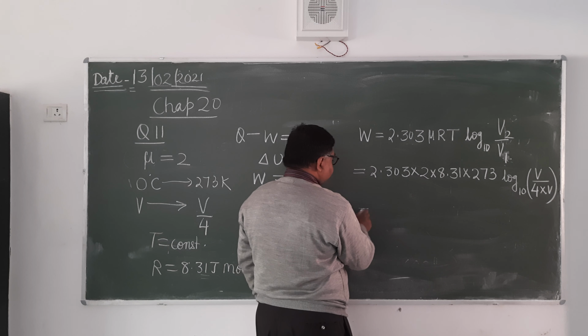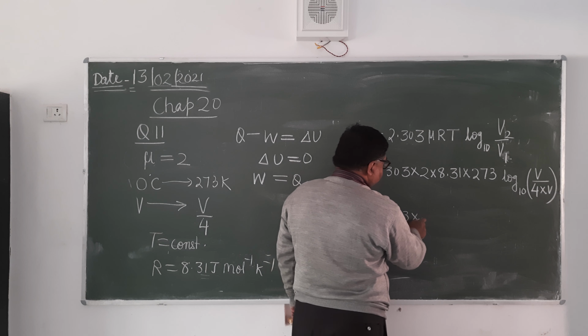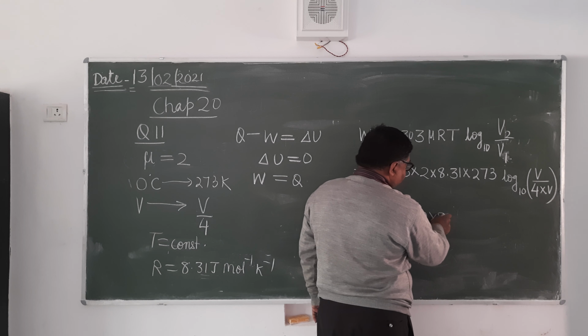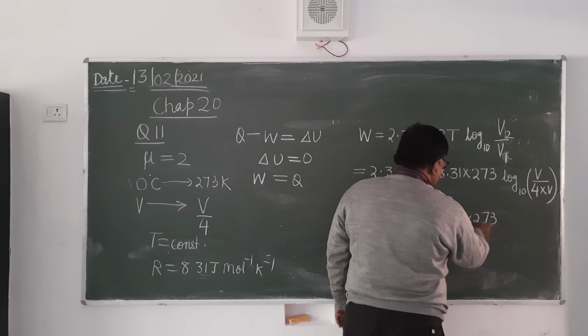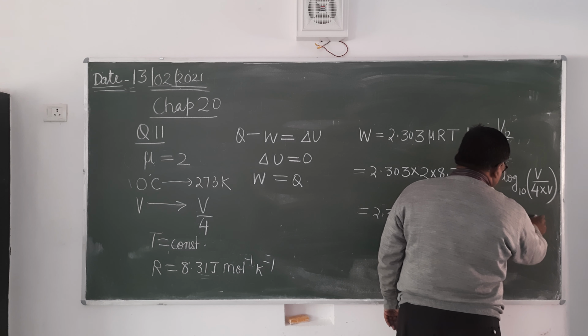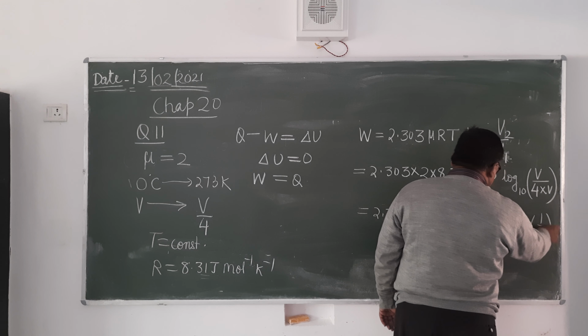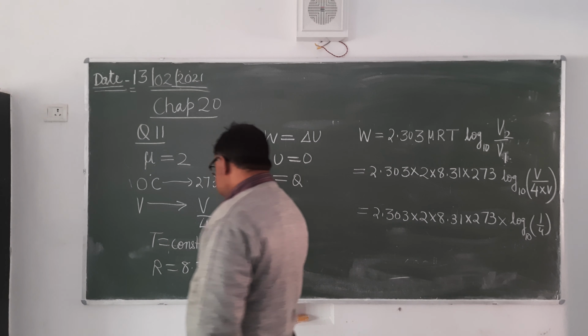So you simplify this: 2.303 into 2 into 8.31 into 273 into log 1 by 4 to the base 10. You can calculate. It's clear.